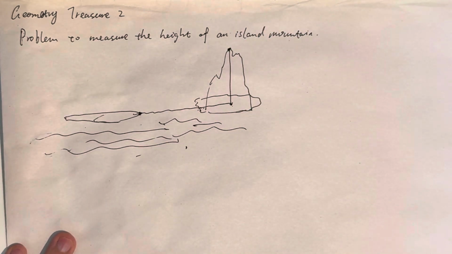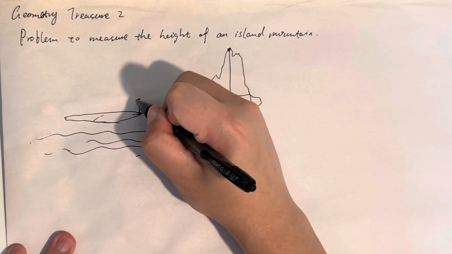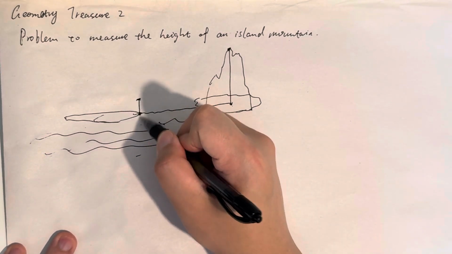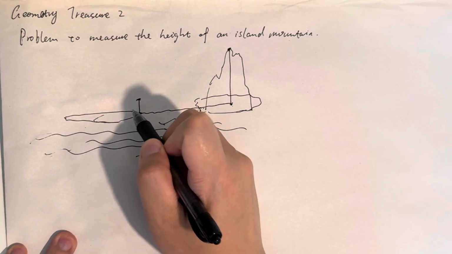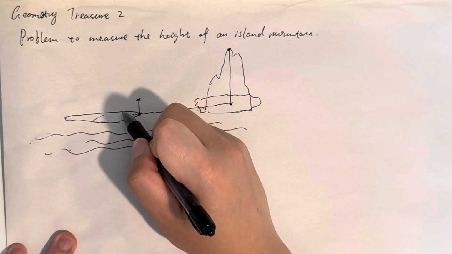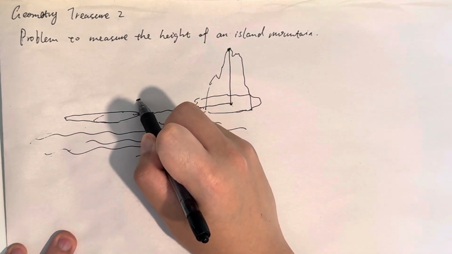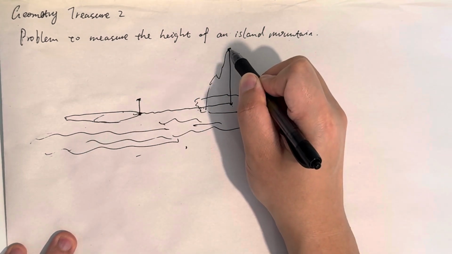So what we can do is that we find a ruler here, and that's a ruler. We can just put it here, and then we just step back to a point where, when we see through the tip of the ruler, we can see the tip of the ruler and the highest point of the mountain.